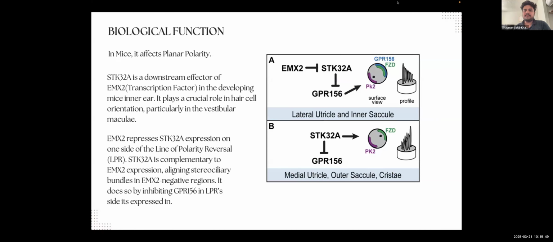It divides it into two different parts, and through regulating GPR156, it controls that duality, or that division.